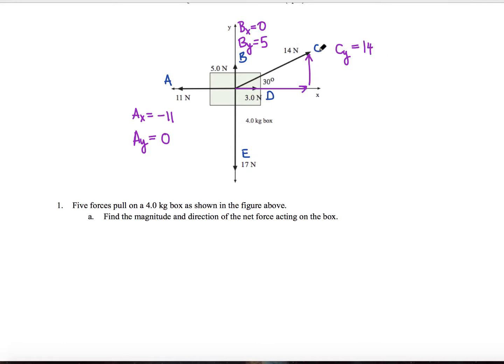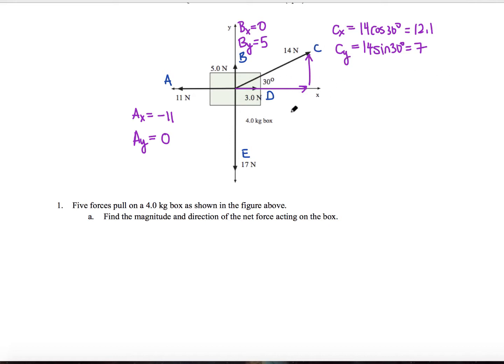So that would be 14, the hypotenuse, multiplied by the sine of 30 degrees, which is just 7. And the x component will come from the adjacent side. So that'll be 14 times the cosine of 30 degrees, which is 12.1 approximately. And both of these are positive because we're going to the right, which is positive, and up, which is positive.